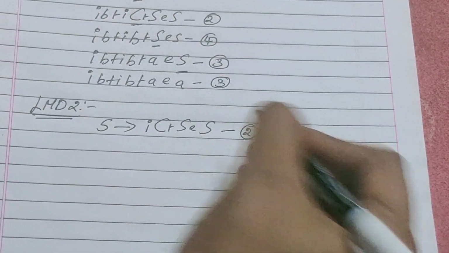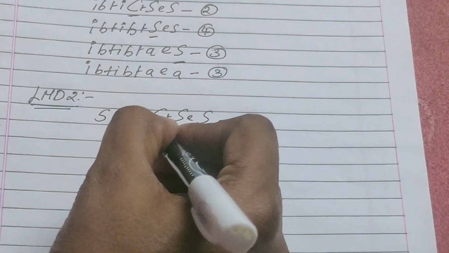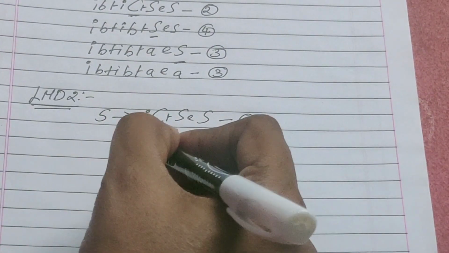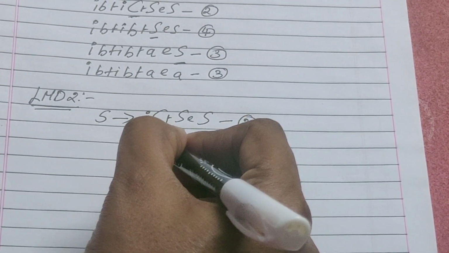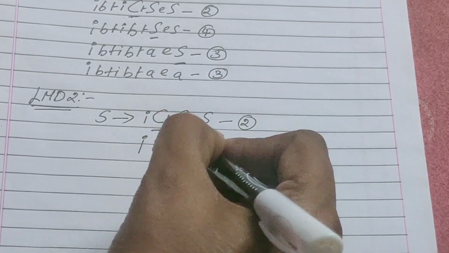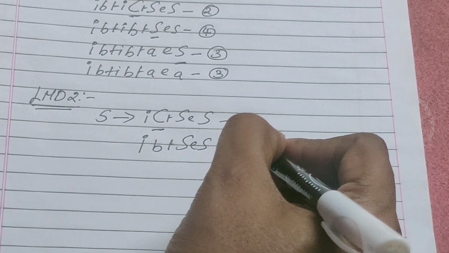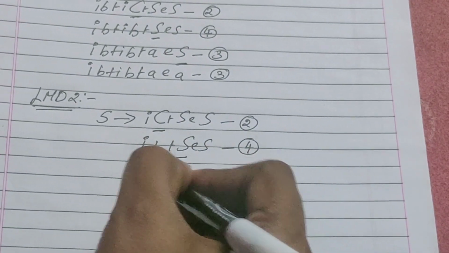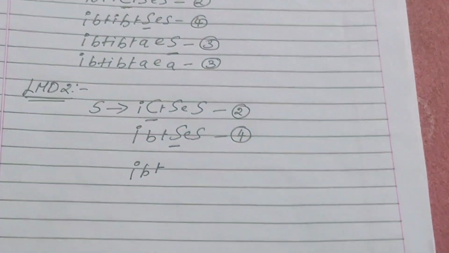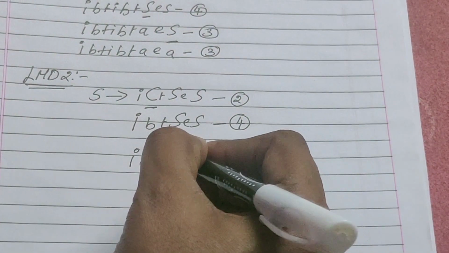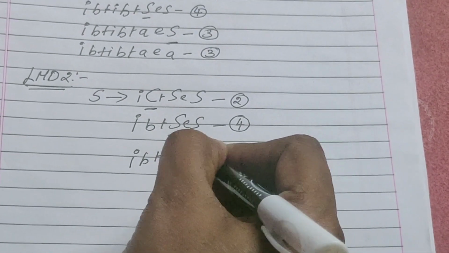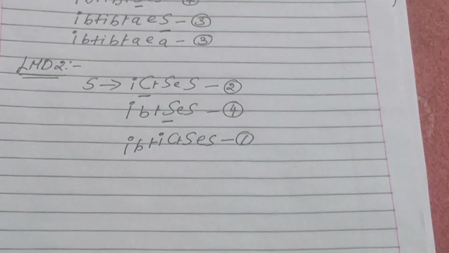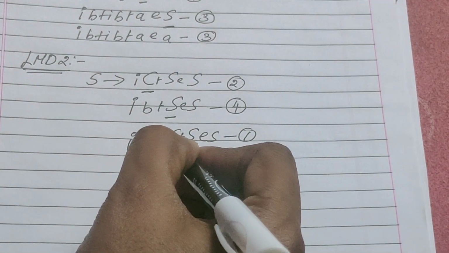So this is the second rule. I write down the number here. Since I'm sticking to leftmost derivation, I have to choose the leftmost variable, which is C here. Now the C is replaced by B, BTSES, which is rule number 4. Now select this S. In place of this S, we apply rule number 1, ICTSES. Now again stick to the leftmost.